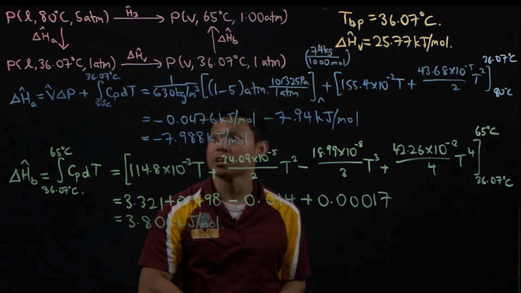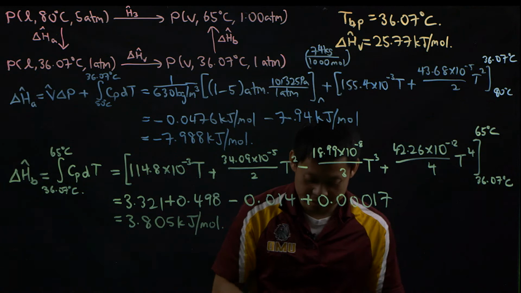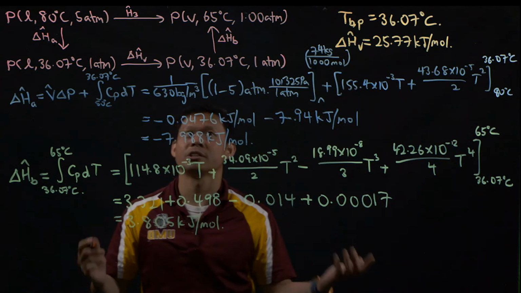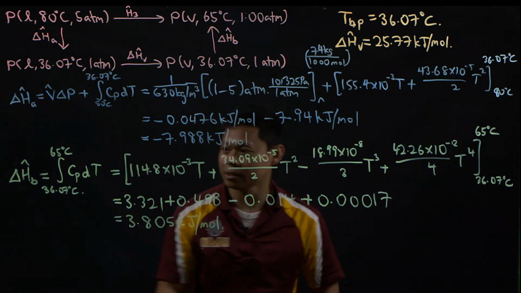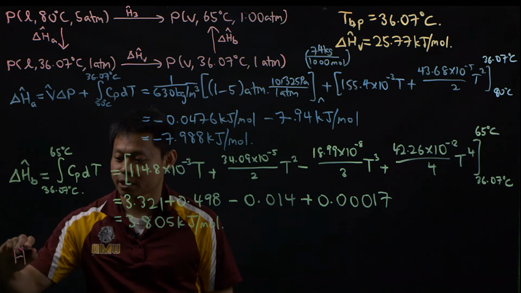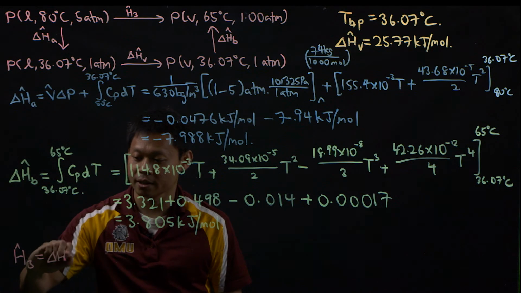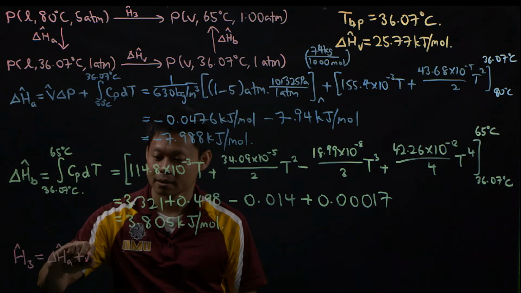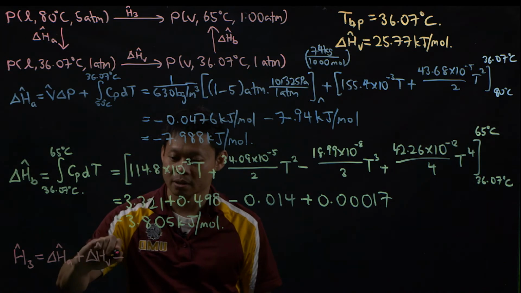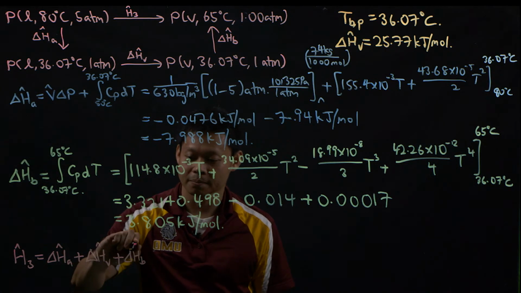We finish our delta HA, delta HB. We have our latent heat of vaporization. Now we can do the entire calculation to find H3, which is what we want. Right? H3 is delta HA plus our latent heat of vaporization plus our delta HB.